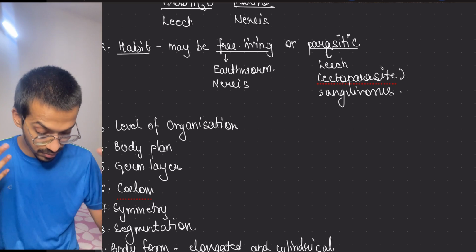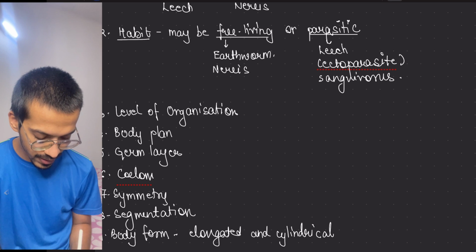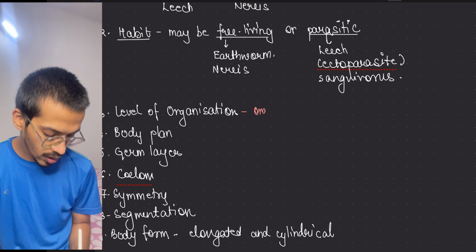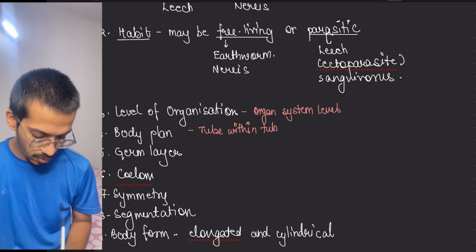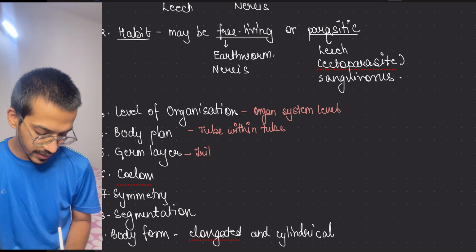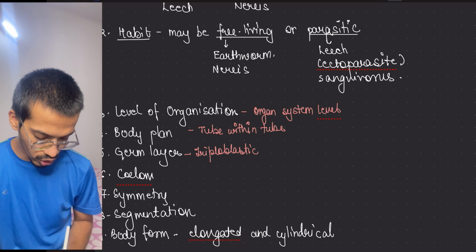Then comes our basic topics to recall. Level of organization: organ system level. Body plan: tube within tube. Germ layer: triploblastic. And these are the first phylum which has true coelom, so it is eucoelomate.